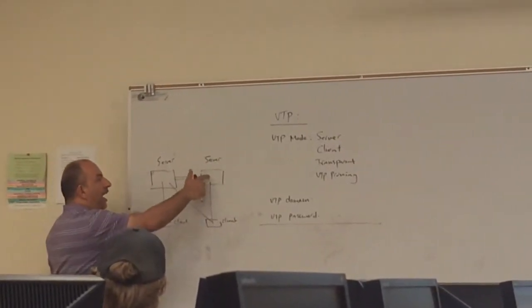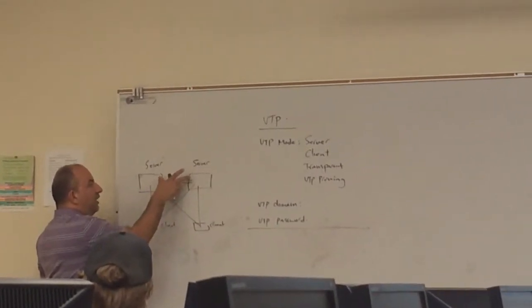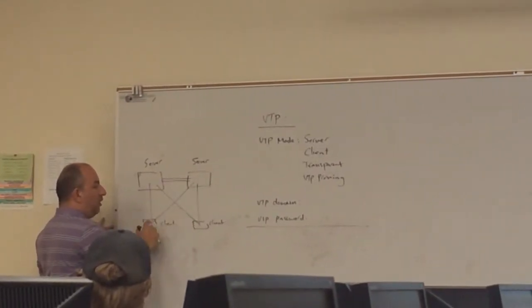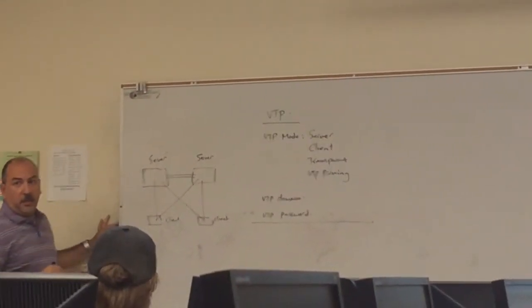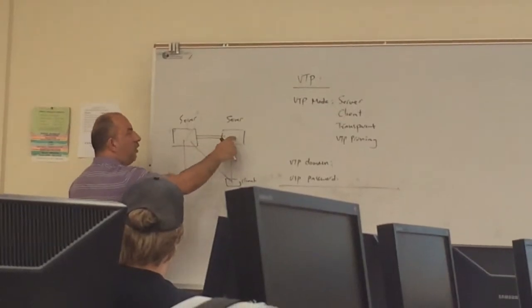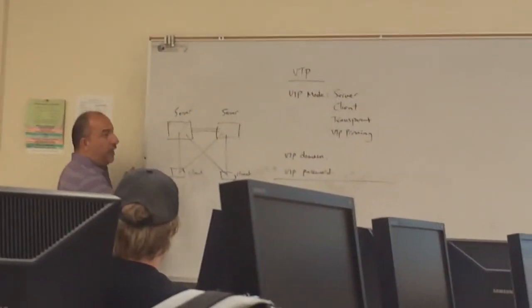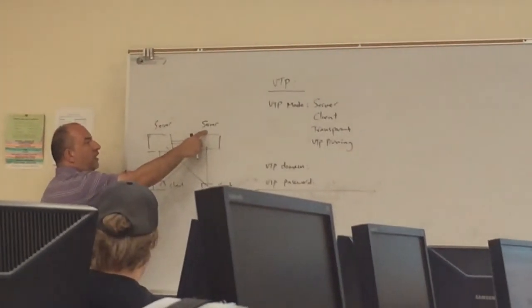So whatever VLAN you add or remove in here, these two are updated immediately, and also these two are updated. I put them as servers like that for a reason: if this one goes down, this one will stay and be able to provide for these two, and vice versa. So that's why we keep them both servers.